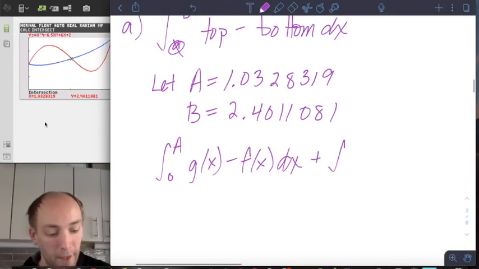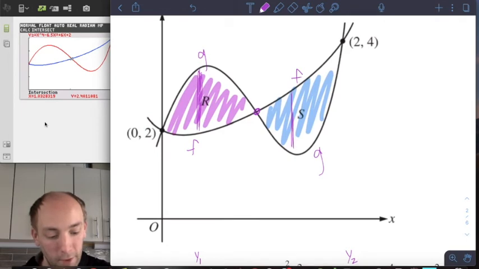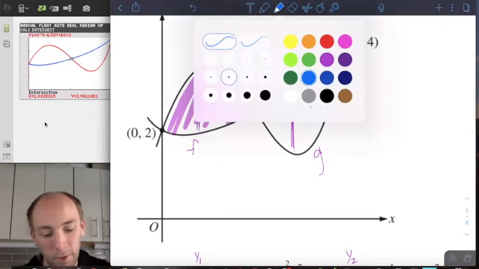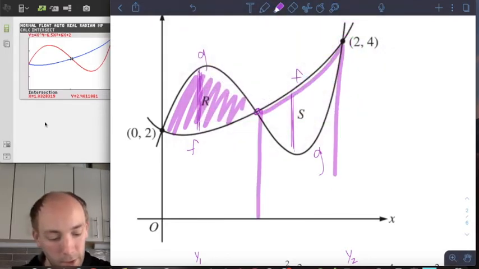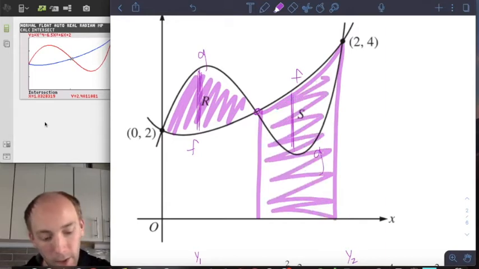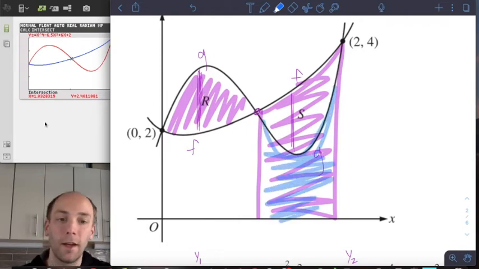And then I'm going to add on the area of S. In this case, the area is top minus bottom, which should make sense if we think about it. The area under f would be all of this, and the area under g would be all of this, and I want the area in between them.